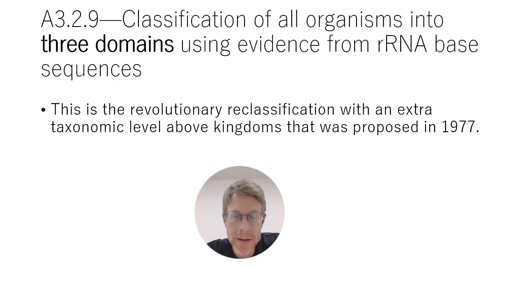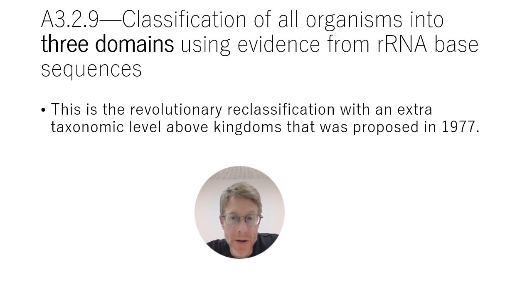Okay, last thing you need to know about. We used to not have a domain level in our classification. It was just kingdom. Kingdom was the broadest level. In 1977, a new taxonomic level above kingdoms was proposed, and that was proposed to divide up what used to be just bacteria into archaea and bacteria, and then we still have the eukarya.